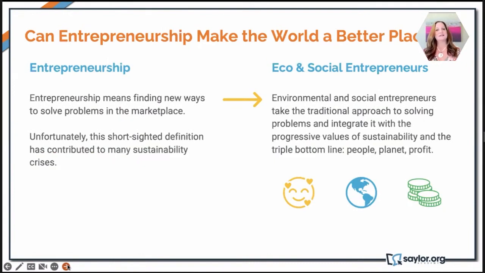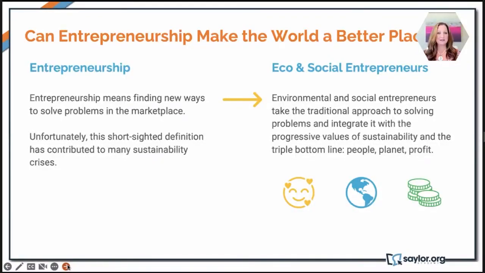Well, the question is, how can entrepreneurship make the world a better place? So traditional entrepreneurship means finding new ways to solve problems in the marketplace. But this short-sighted definition has, as we have been learning, contributed to many sustainability crises, right?